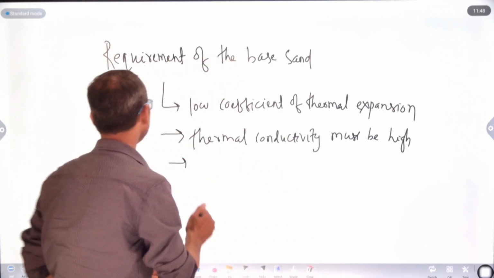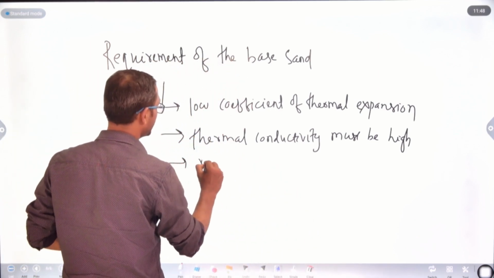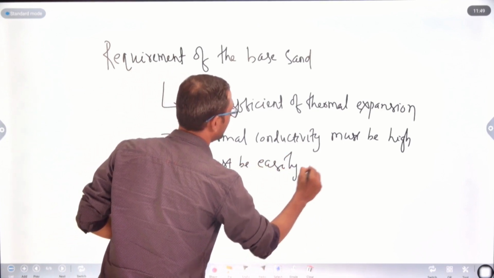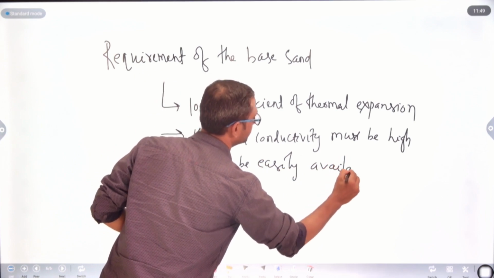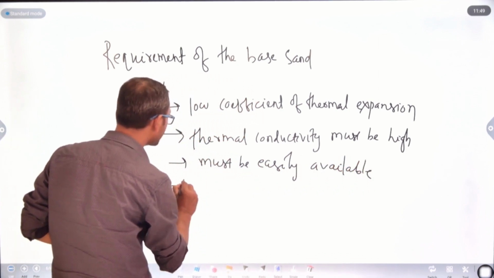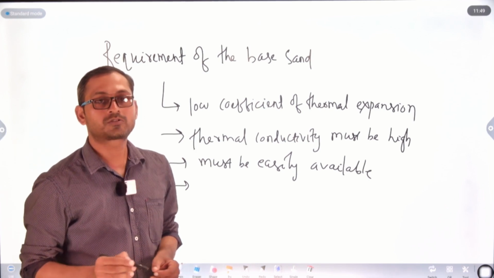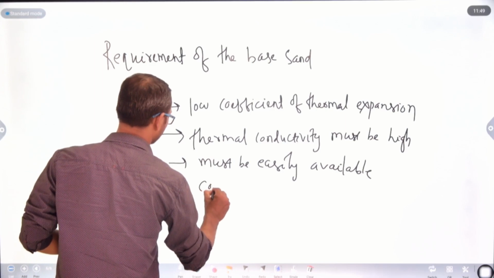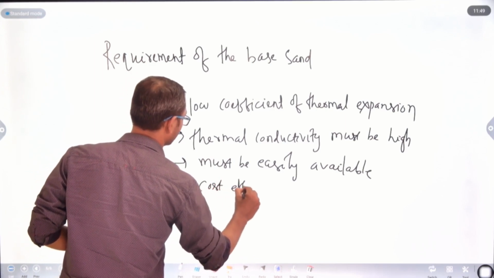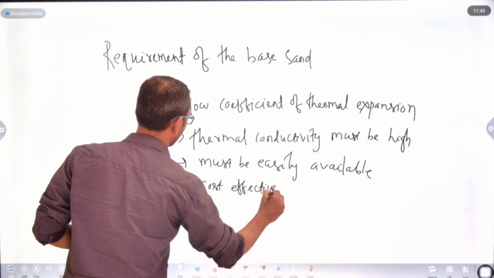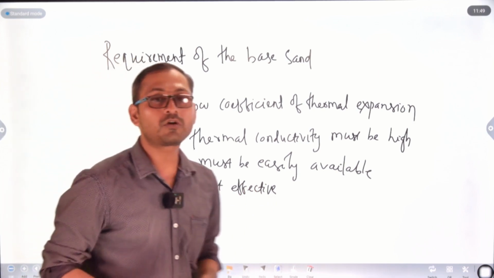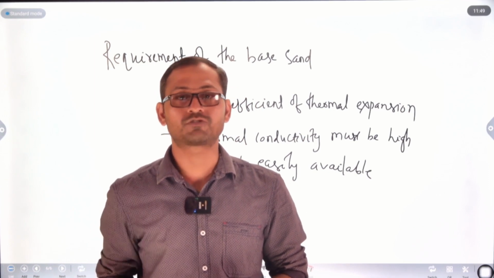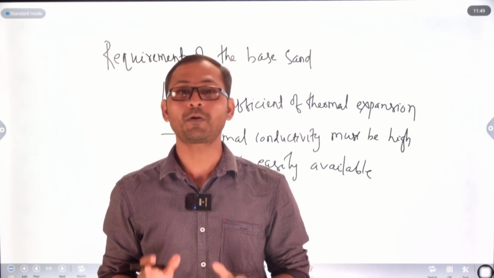So I write the point, availability: it must be easily available. Also cost effective, it has less cost. And also finally it can be reusable. So these are the requirements of a base sand.